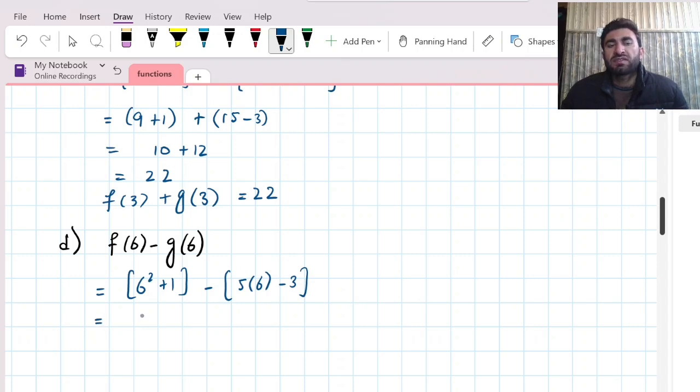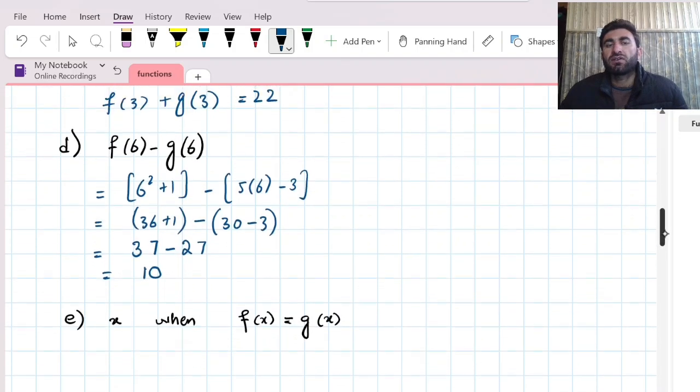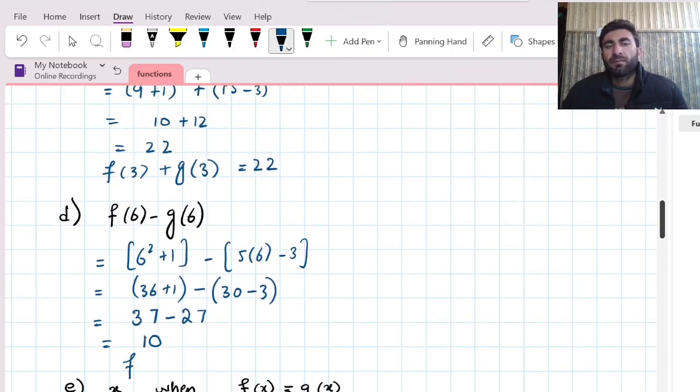So after simplification, it will be 36 plus 1, place minus, and then the simplified form will be 30 minus 3. All right. The sum of 36 and 1 will be 37, while the difference of 30 and 3 will be 27. So the result is 10. We can say that f of 6 minus g of 6 equals 10.